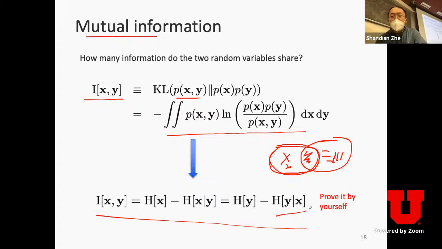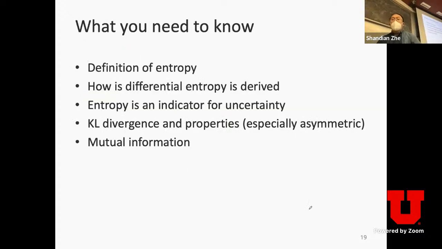It's quite straightforward. Okay, so those are all the necessary knowledge we should know about information theory. You need to know the definition of entropy, and how differential entropy is derived, although it has a kind of unified form compared with the discrete case, the underlying concept is different.